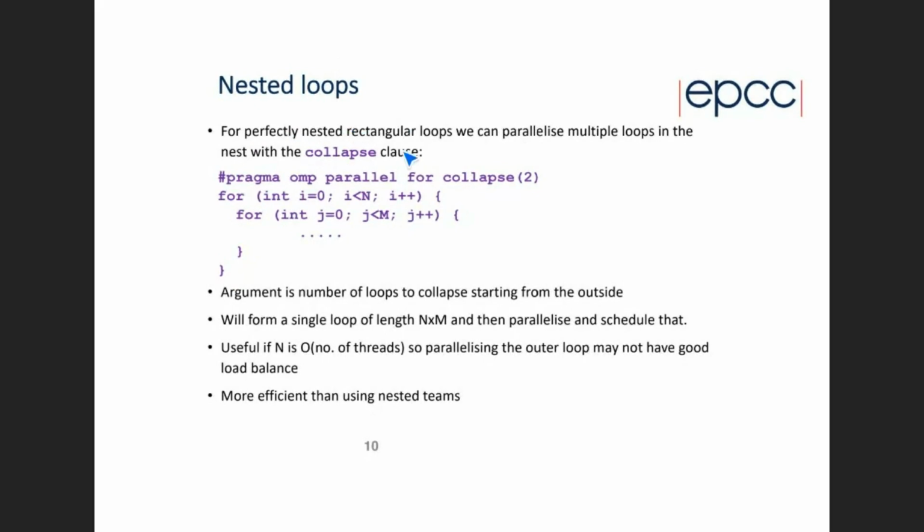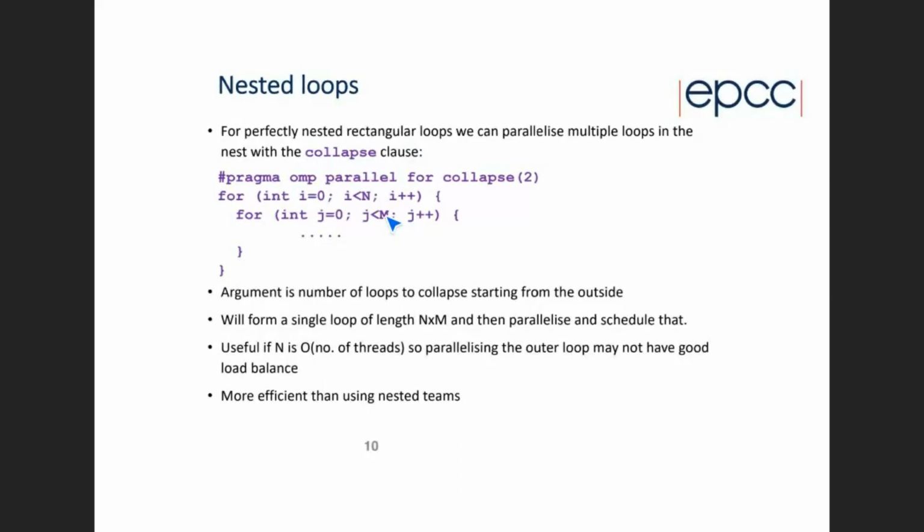The rectangular bit means that the bounds of the inner loops don't depend on the iterators of any outer loops. For example, if instead of j less than m here, I had j less than i, so the bounds of the j loop depended on the value of the iterator in the outer loop, that would not be a rectangular loop. That would actually be triangular, if you like. It's talking about the shape of the iterations, the multidimensional iteration space.